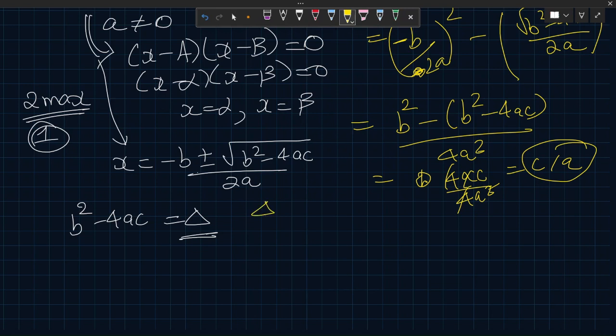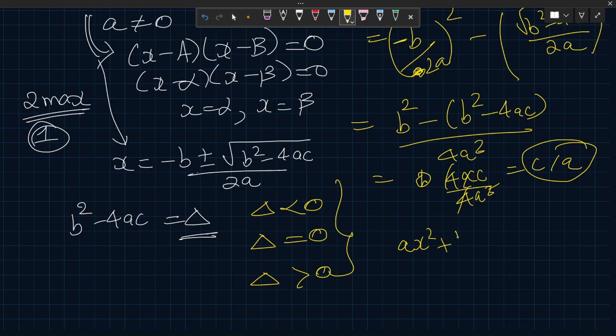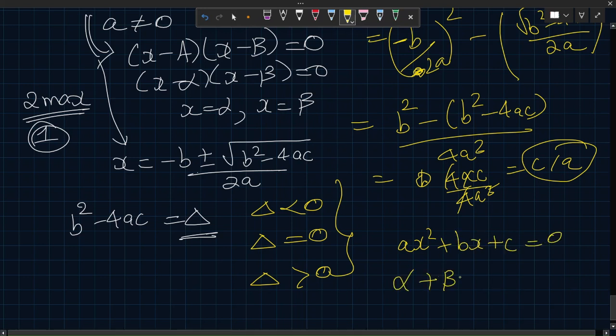Okay, so if delta is less than 0, then we have no solution. If delta is 0, we have one solution, and if delta is greater than 0, we have two solutions. And finally, if a quadratic equation ax squared plus bx plus c equals 0 is present, the sum of the roots alpha plus beta is just minus b by a, and the product of the roots alpha into beta is just c by a.